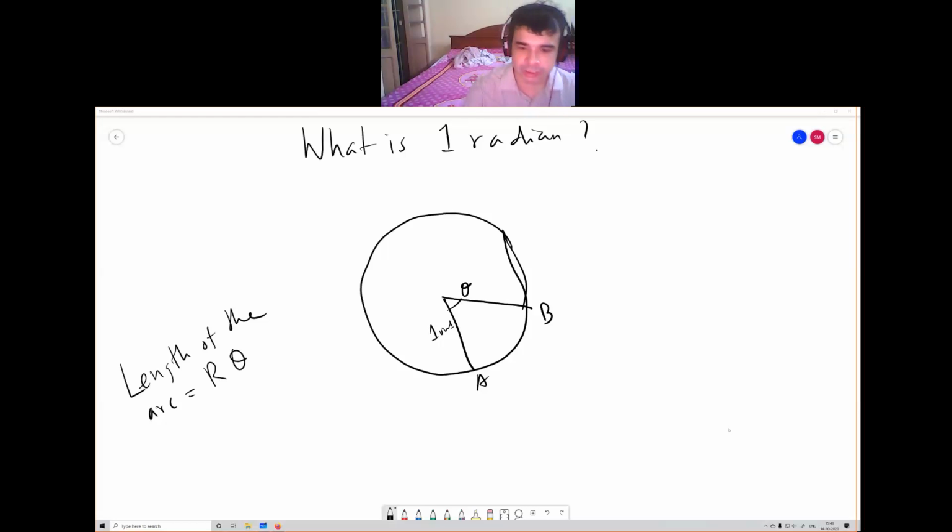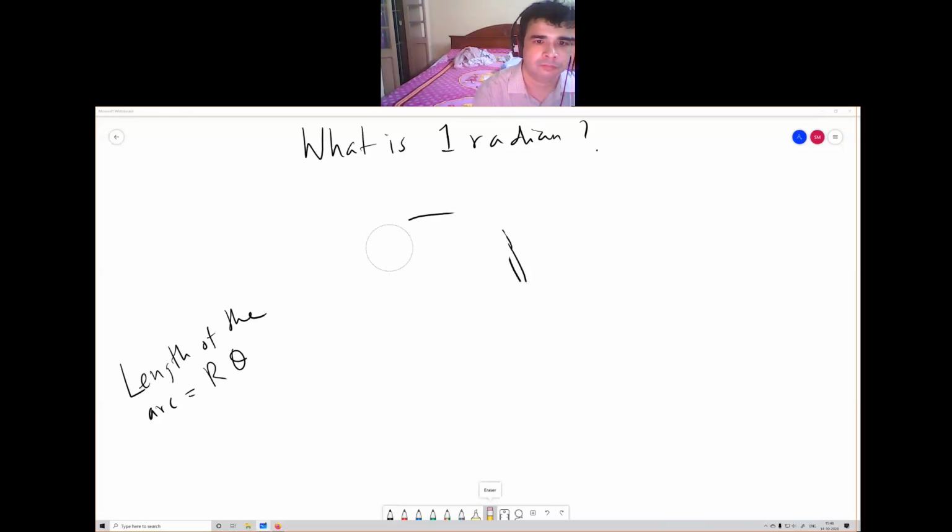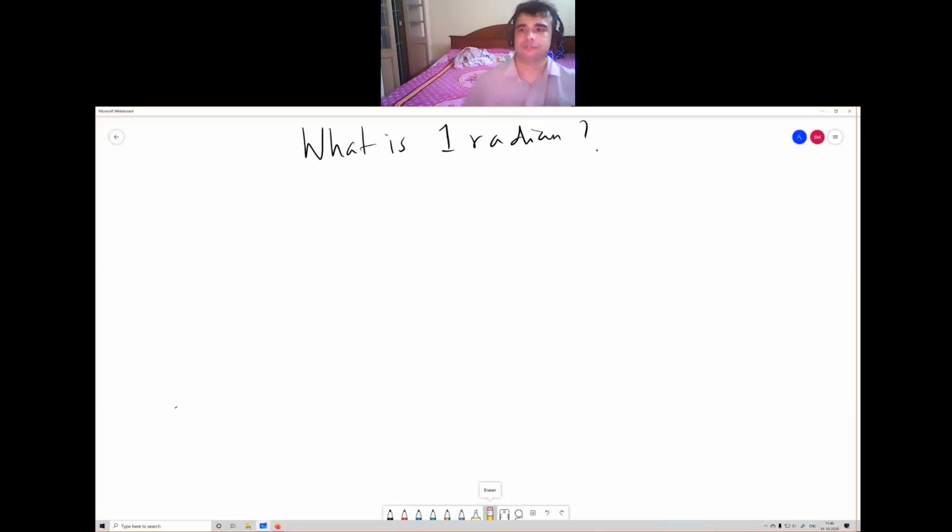So obviously we'll consider a sphere now, no longer a circle. What is 1 steradian? Anyone try to find out what could be 1 steradian?